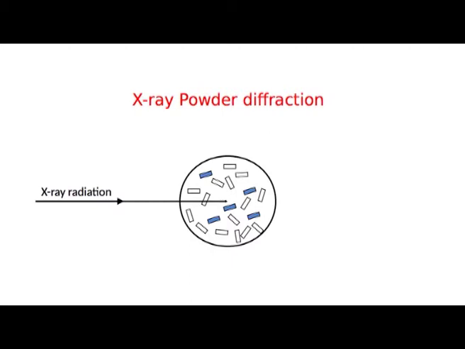Having fixed the incoming source radiation at a particular angle itself, you will see that there are other crystallites also getting into the picture. For example, in the cartoon, the crystallites which are marked blue will also have a different set of planes.